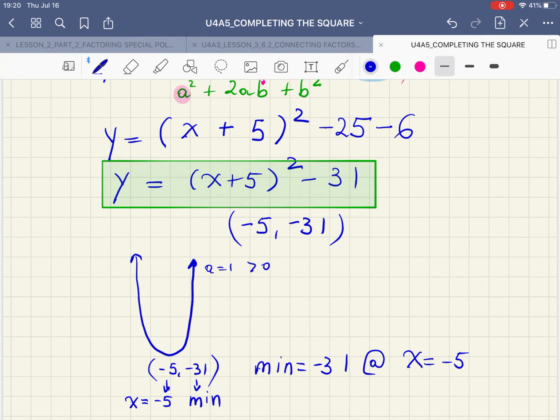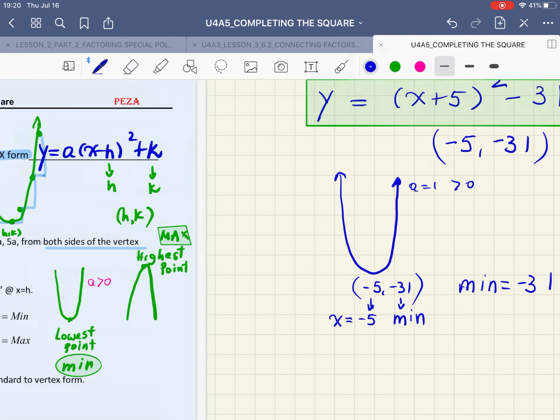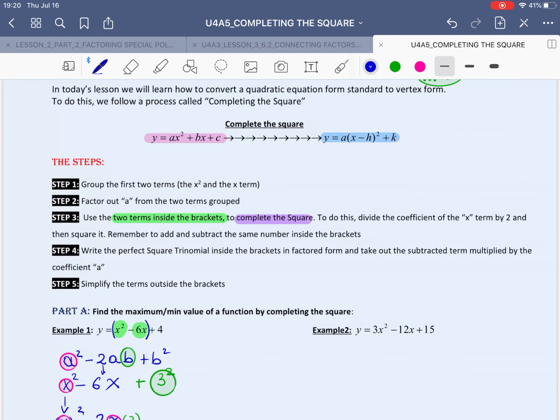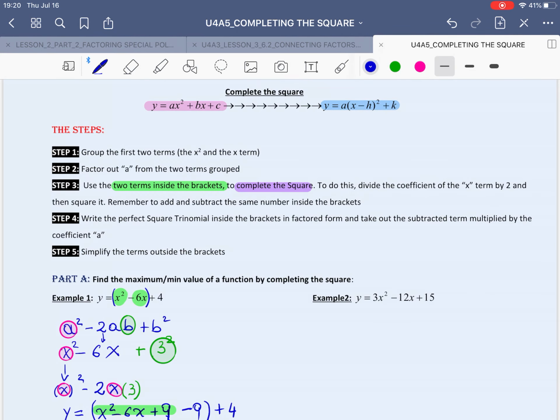Now I hope you're ready for a more challenging example. So let's move back to our worksheet. We are going to go over example number 2: 3x squared minus 12x plus 15. You probably notice a difference between the two examples here. In the first, the coefficient a is 1; here, the coefficient a is different than 1.